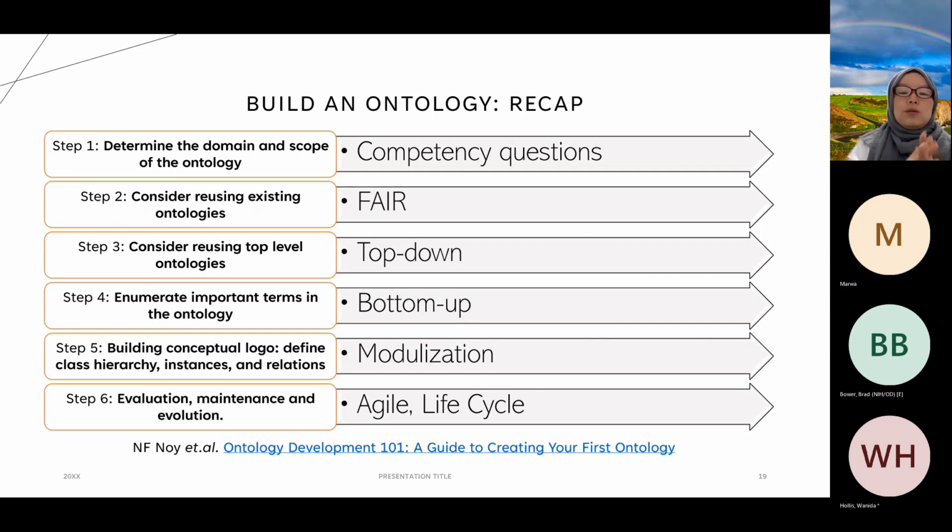So after you scope it out and then you search, you have a list of existing ontologies with good quality to consider. And then step 3 is what kind of top level ontology I'm going to use.